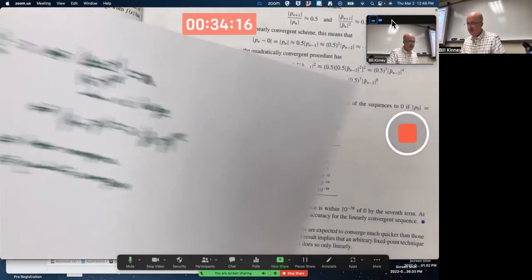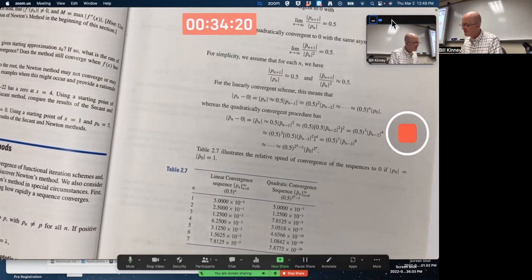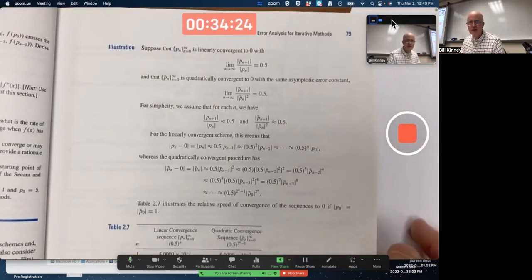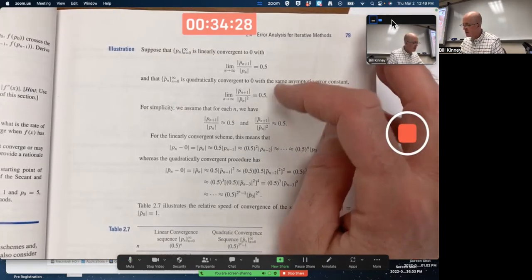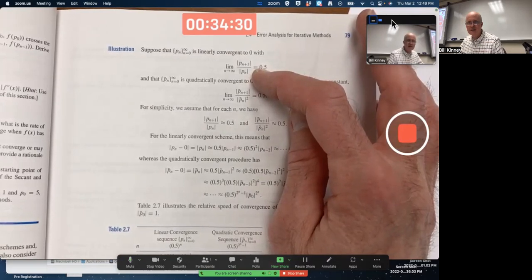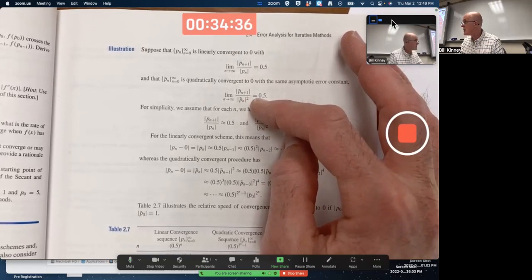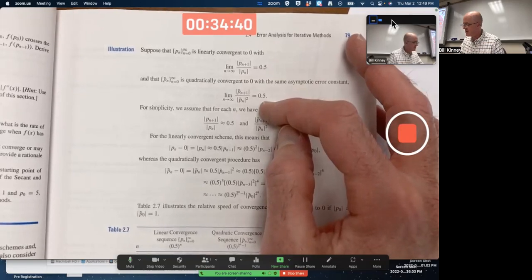The book has an example here where they don't actually specify what the sequences are. They just say, pretend these limits are true. Notice this one, the absolute value of Pn, has a power of 1, and this one, the absolute value of Pn tilde, has a power of 2. That's linear convergence, that's quadratic convergence.